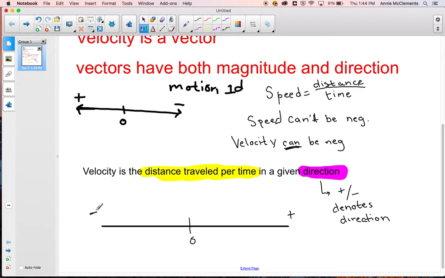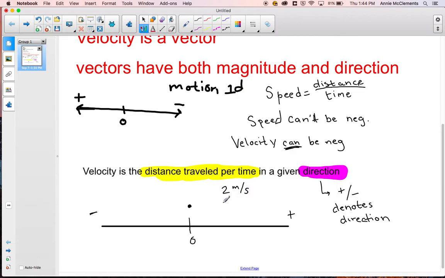Again, I could have just as easily decided that this side should be the positive side and that this side should be the negative side. It's up to you. But say that I have an object here that starts on the origin, and I'm told that this object has a velocity of 2 meters per second.